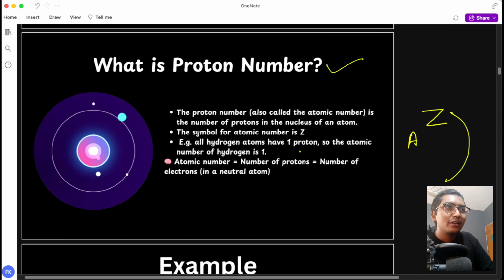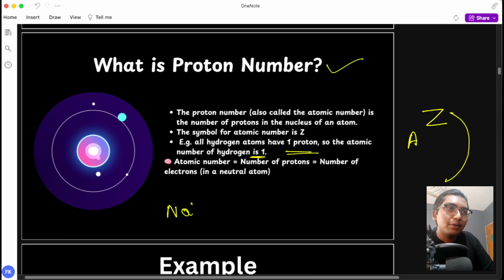For example, the hydrogen atom has one proton, so the atomic number of hydrogen is 1. However, the interesting part about atomic number is that the number of protons is equal to the number of electrons in a neutral atom. What is a neutral atom? Neutral atom means it didn't form an ion. For example, it didn't gain or lose electrons.